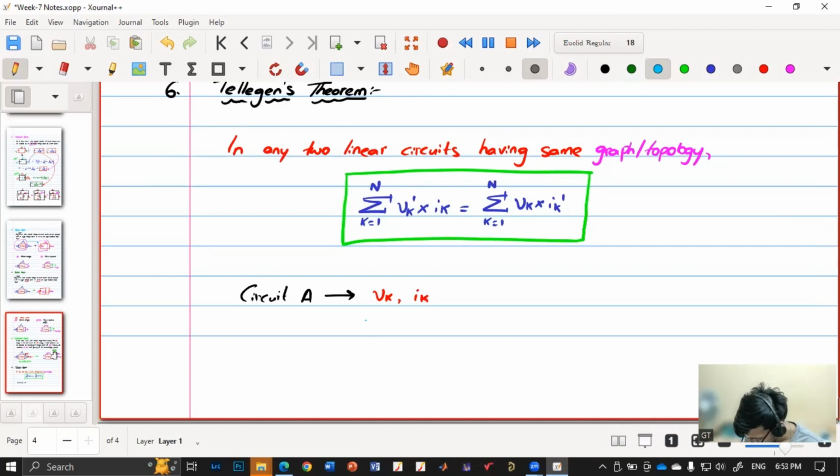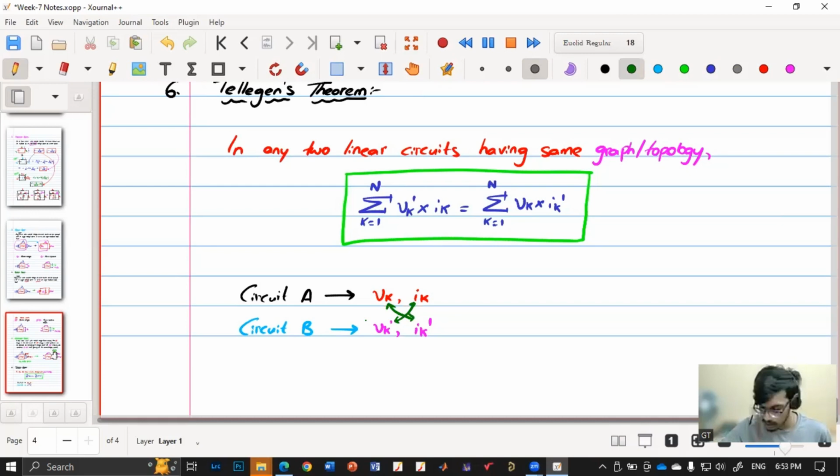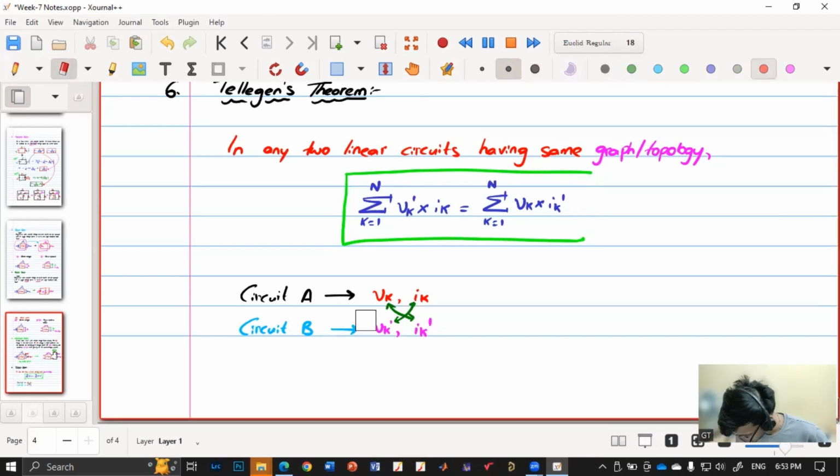Now we are considering circuit B, where the voltage is Vk dash and the current is Ik dash. So the summation of Vk dash Ik and Ik dash Vk is equal to 0. This is what the theorem says.